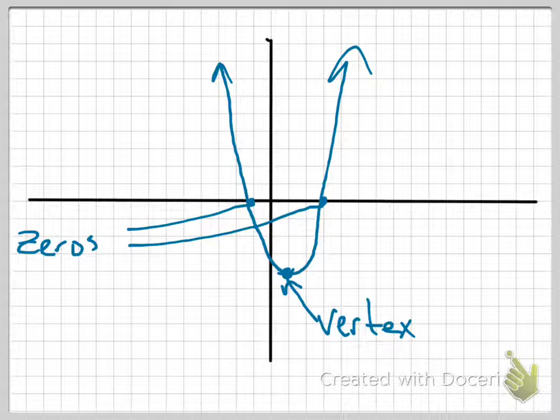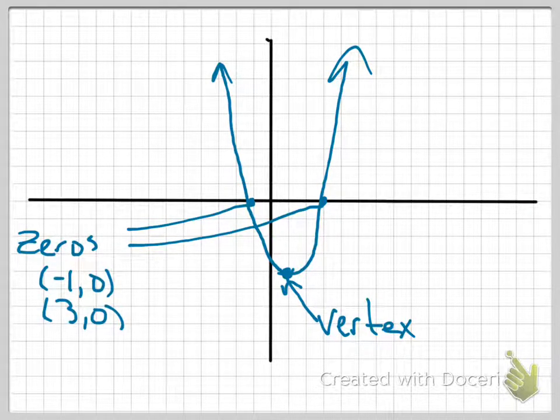So let's go back to what you did in the last set of notes, where we looked at this and said, okay, is this graph facing upward or downward? And it is facing upward. Let me go ahead and give you the zeros. I'm going to give these to you as points, but in reality you don't want those points.